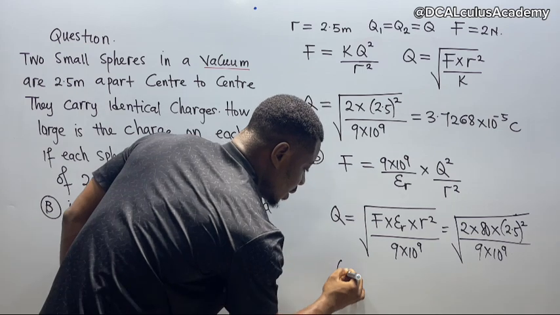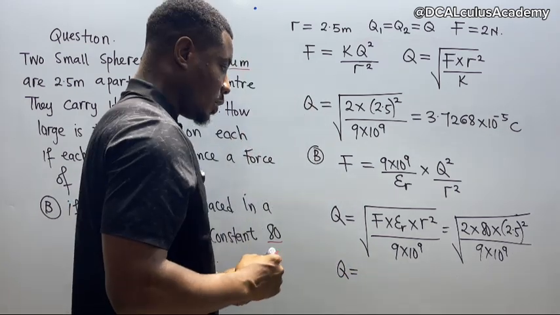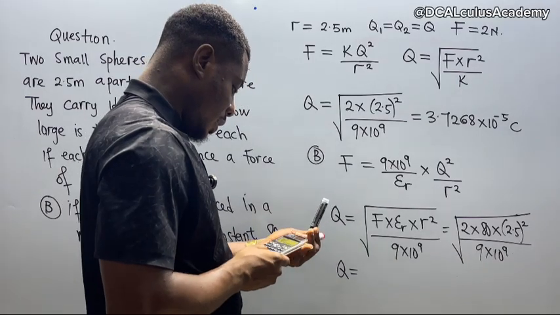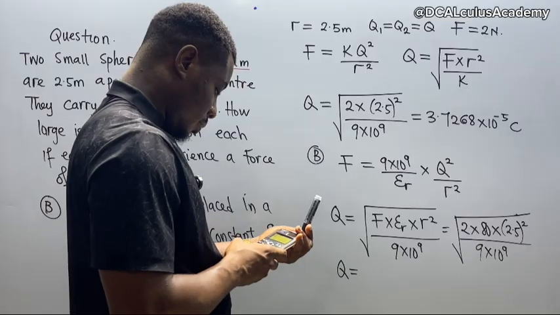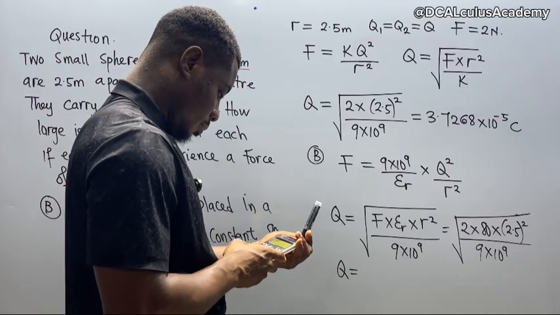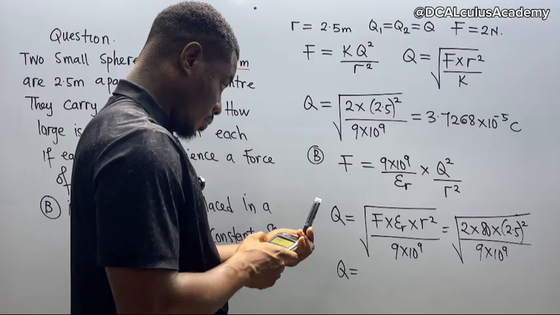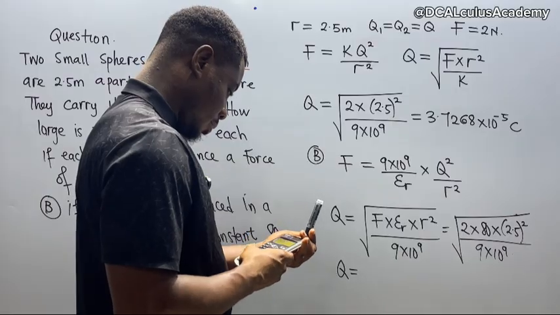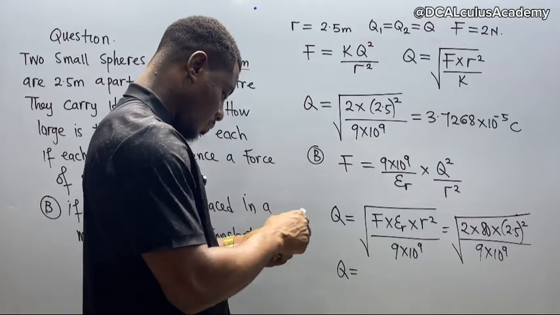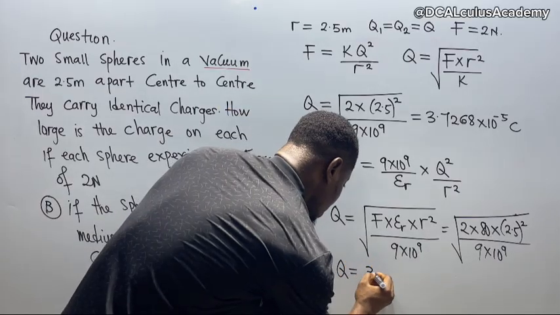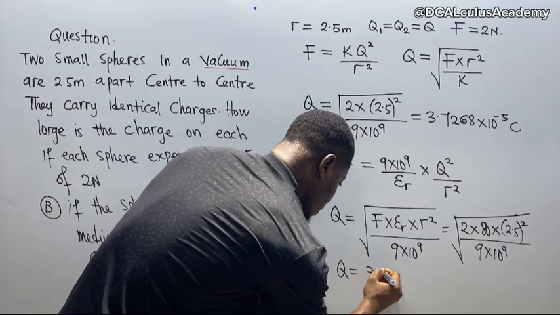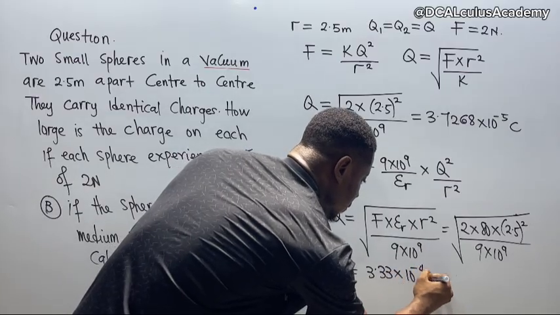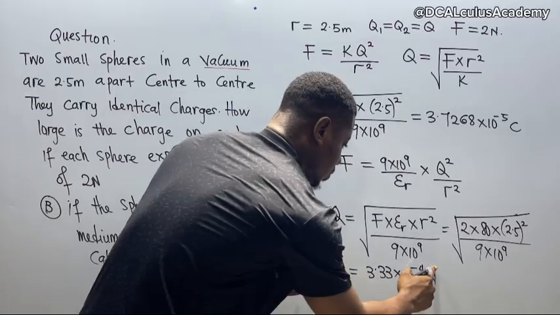In the same way, you can use your calculator and obtain the value. The value becomes 3.33 times 10 raised to the power negative 4 coulombs.